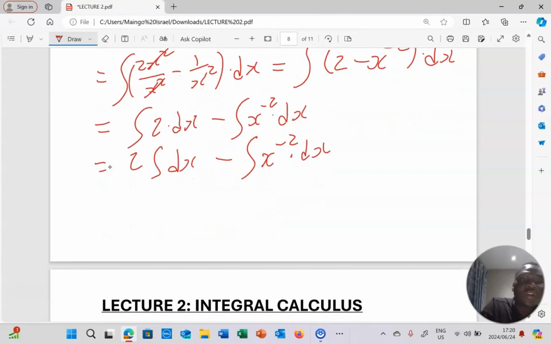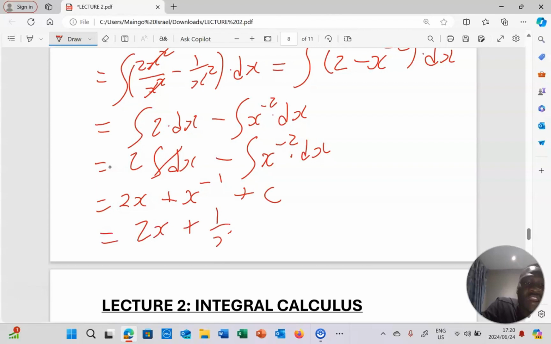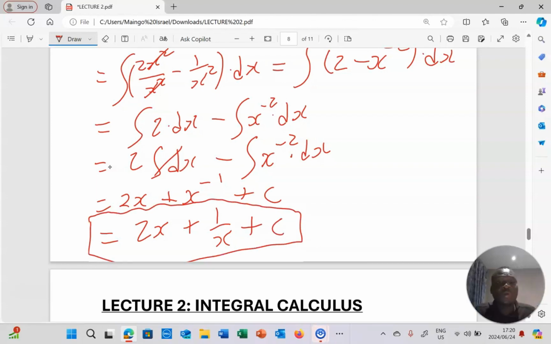Here we can take out the constant, which is 2, outside of the integral sign. When we integrate, we have 2x, then minus 2 plus 1, it's minus 1, so x to the power of minus 1 plus c, which can be written as 2x plus 1 over x plus c. So this is the final answer for that problem.